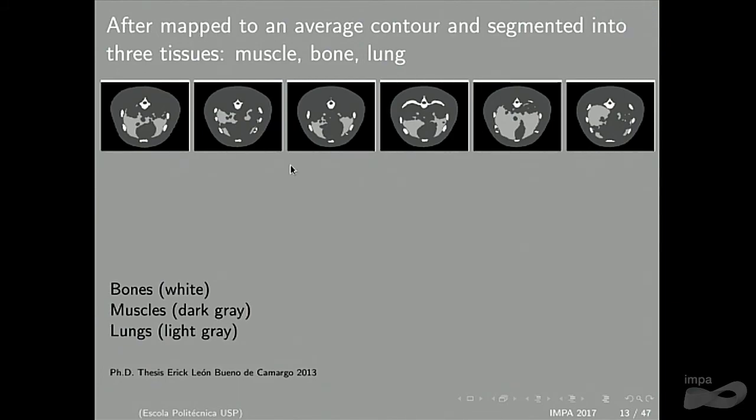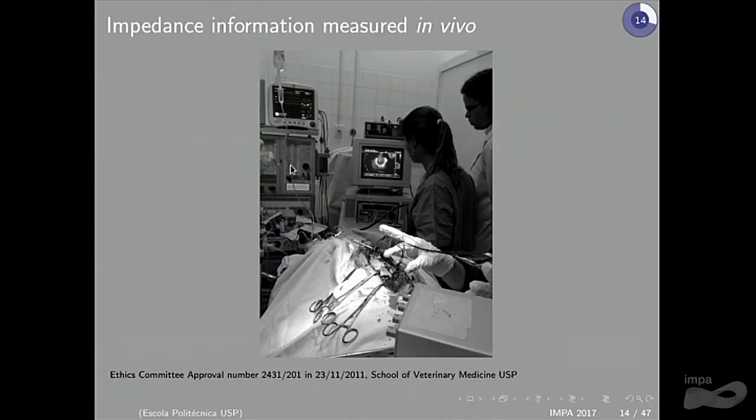After the segmentation, we had for each image at that moment 5 different tissues, and the tissues were bones, muscles, lungs, air. Nowadays, we work with 8 different tissues. And so the anatomy, we had it statistically through the CT scans.